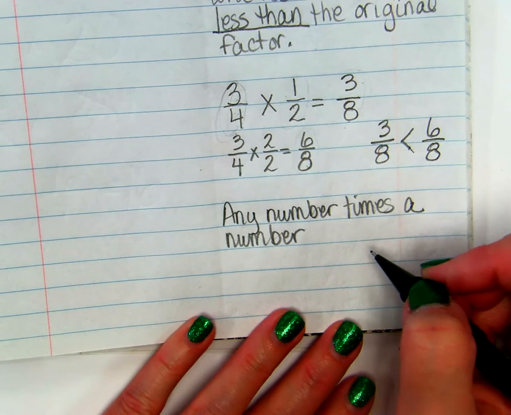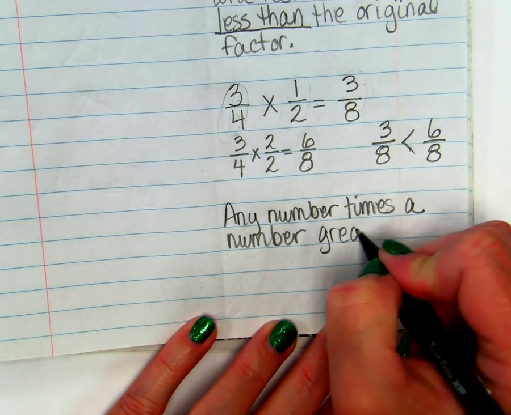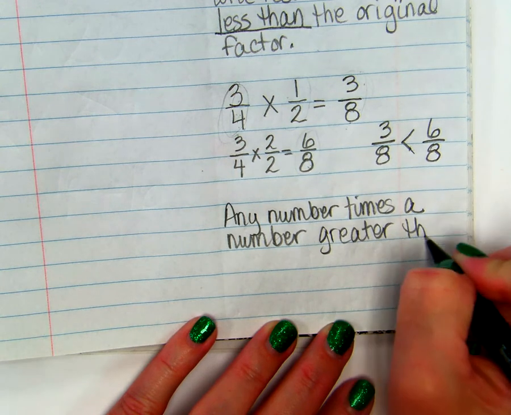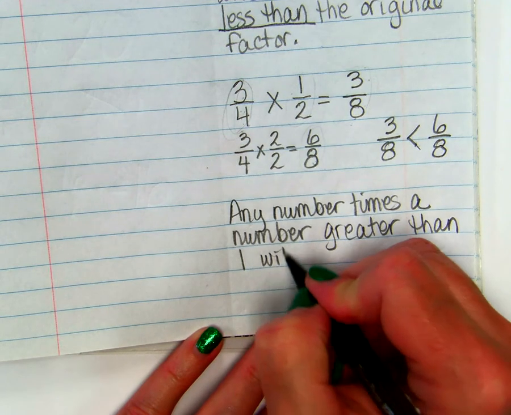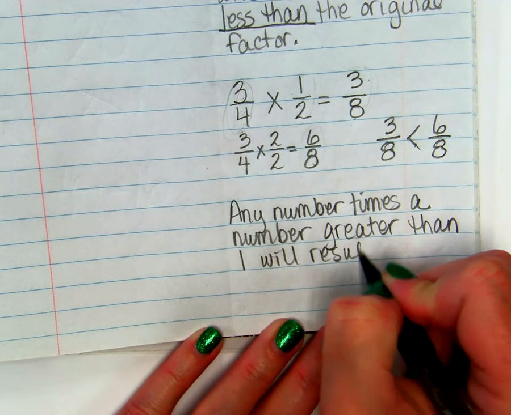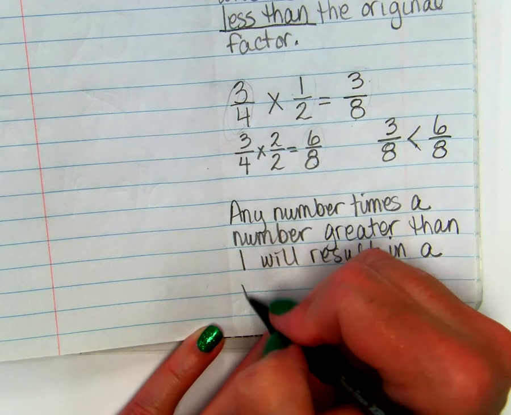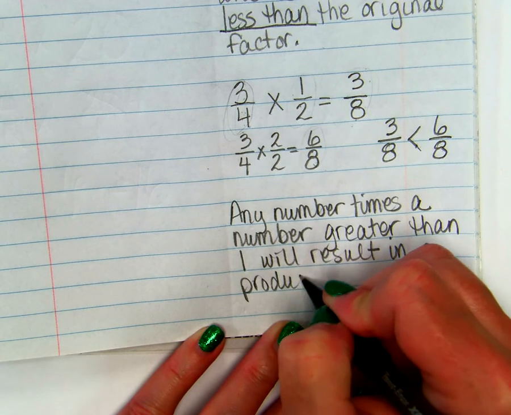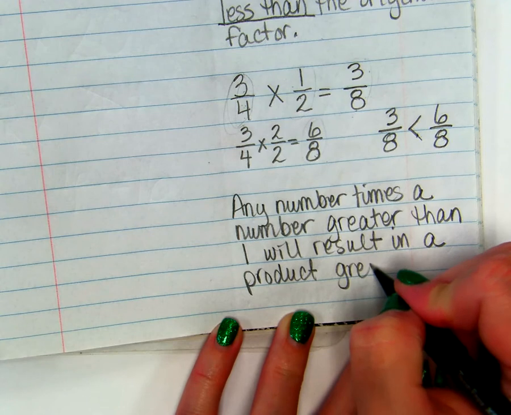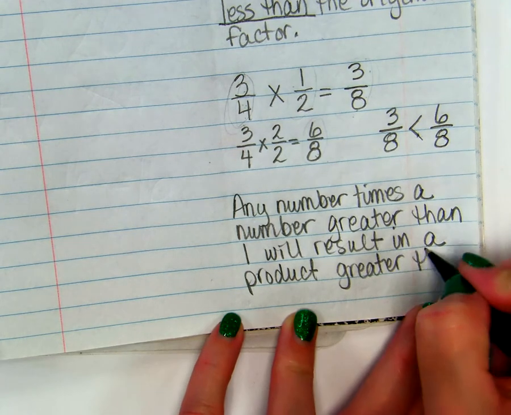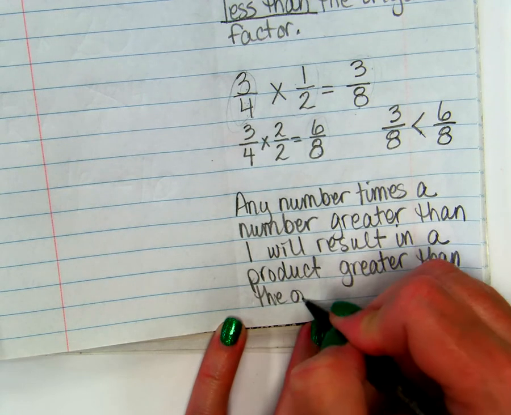Any number times a number greater than 1 will result in a product greater than the original factor.